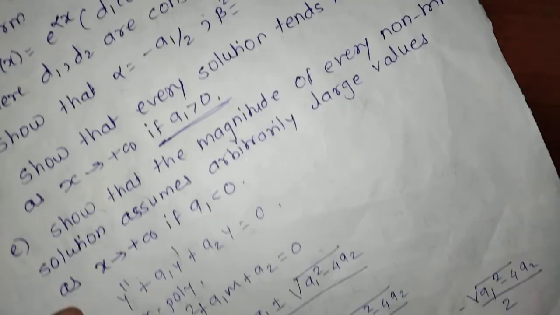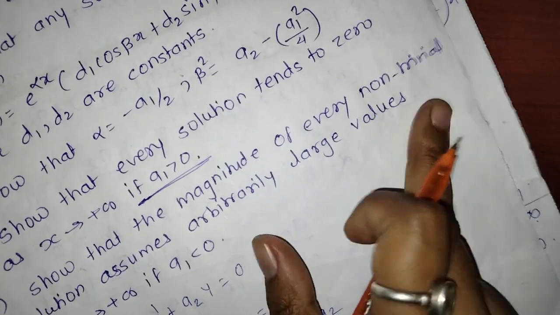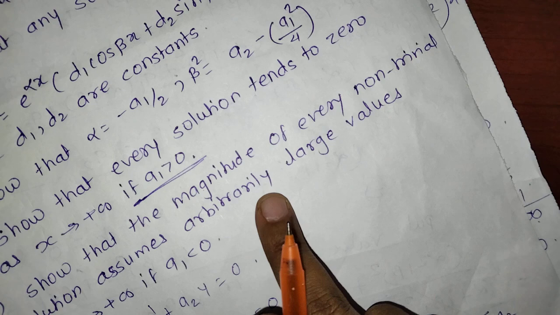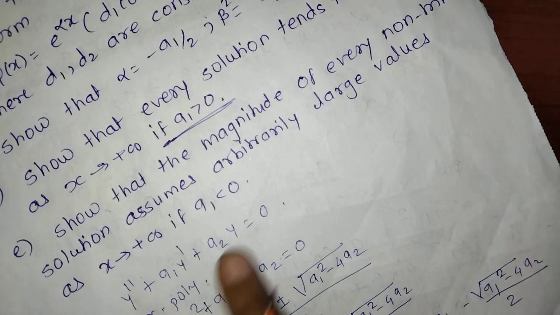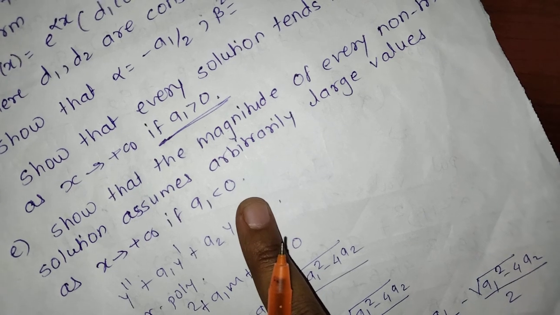Now next, show that the magnitude of every non-trivial solution assumes arbitrarily large values as x tends to plus infinity if a1 less than 0.